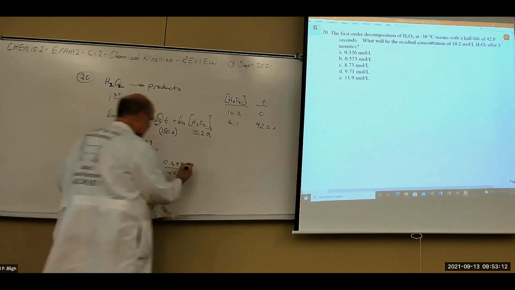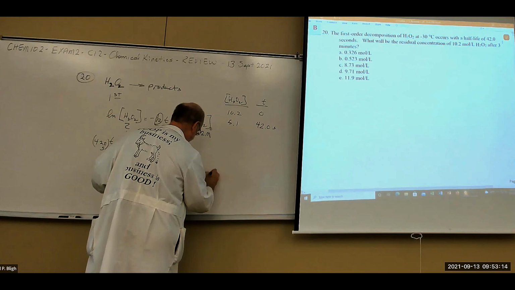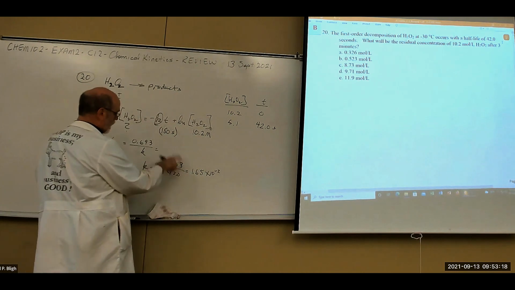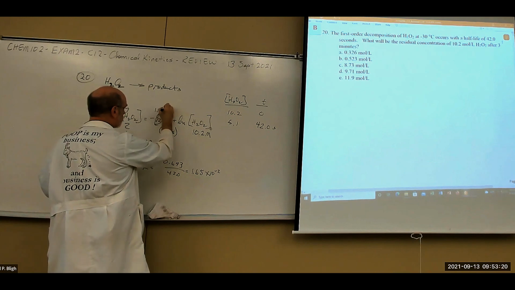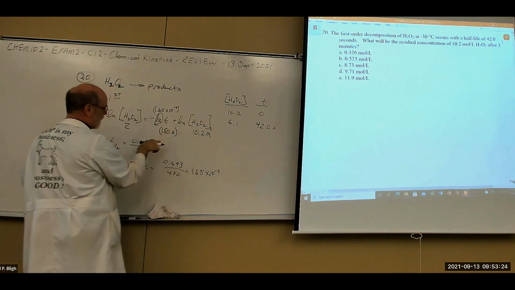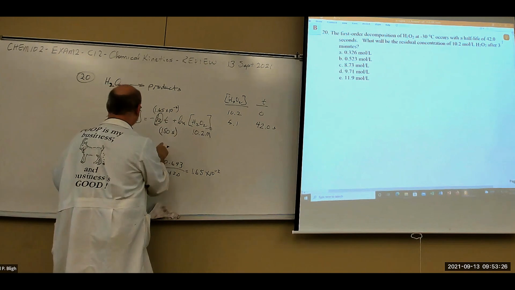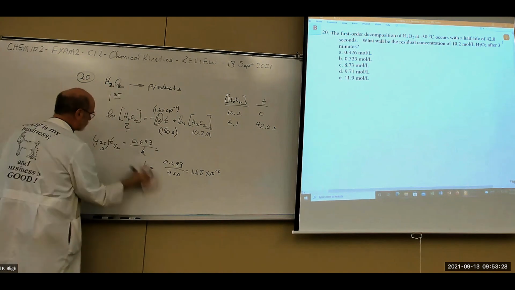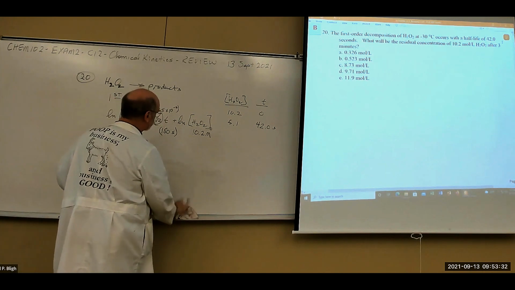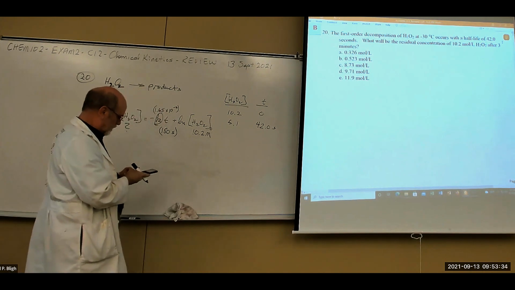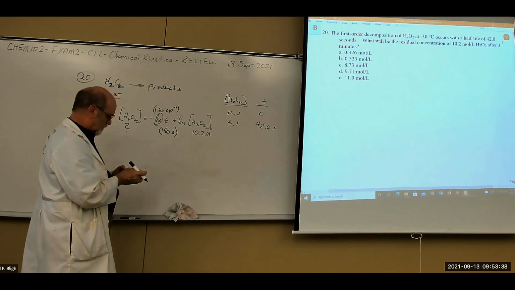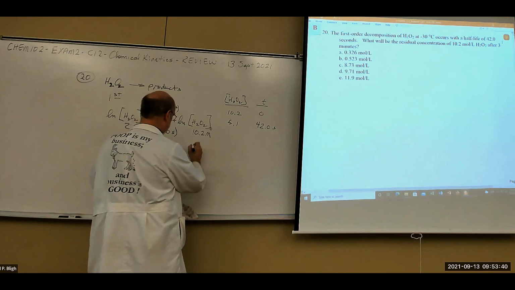1.65 times 10 to the minus 2. Okay, so all we have to do is put that one in here, times this amount, and solve for that one. So what's the log of 10.2? It's 2.3224.